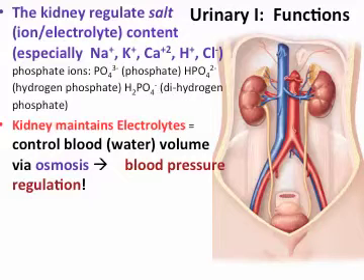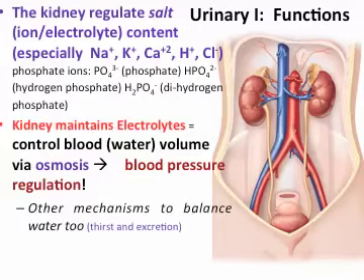That will increase your blood volume. And if you remember when we were talking about blood pressure in previous lectures, as the blood volume goes, so goes the blood pressure. So if you increase the blood volume by holding on to salt and therefore bringing water into the blood, that will also increase your blood pressure. So in a sense, the kidneys regulate your blood pressure.